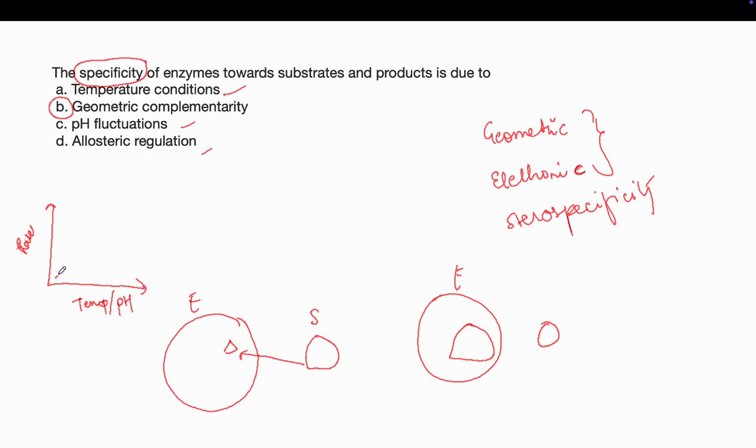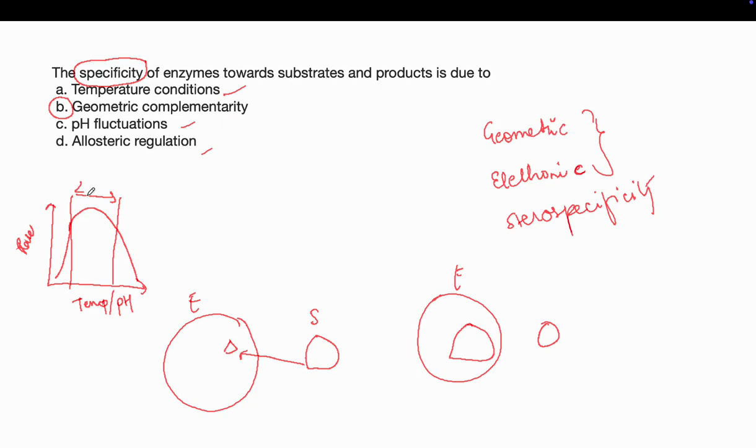At lower temperature or lower pH, the rate will be very slow, whereas the optimum rate will be found at a particular range of temperature and pH.